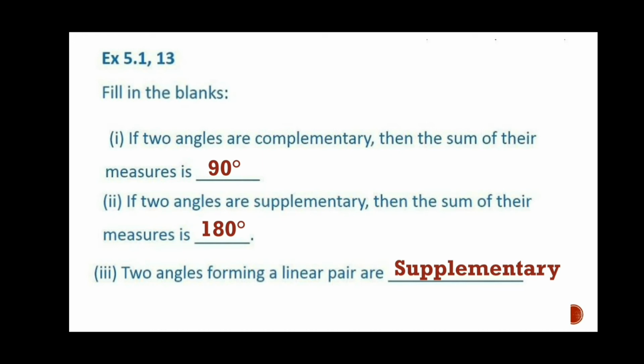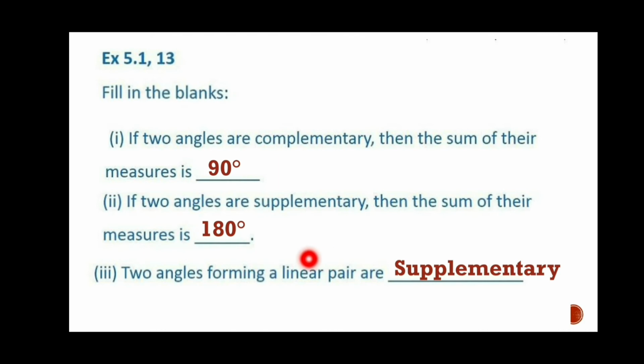Now the third one is: two angles forming a linear pair are supplementary. Why? Because we have seen that a linear pair means they are making a straight line. Their non-common sides are making a straight line and their sum is 180 degree. And we know that when the measure of two angles is 180 degree, the angles are called supplementary angles.